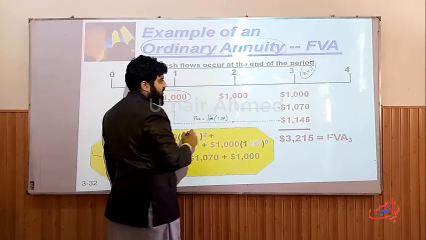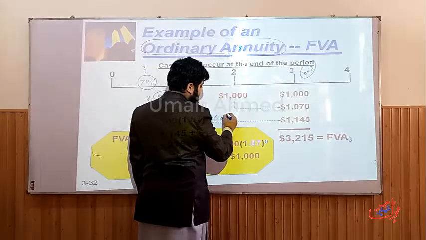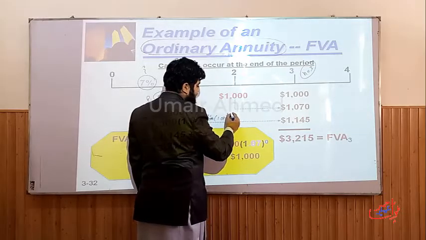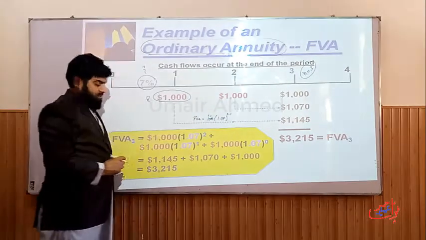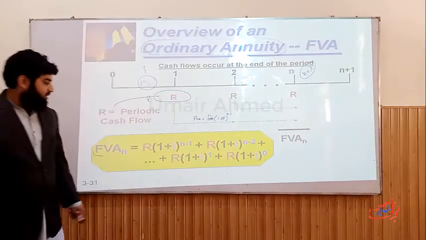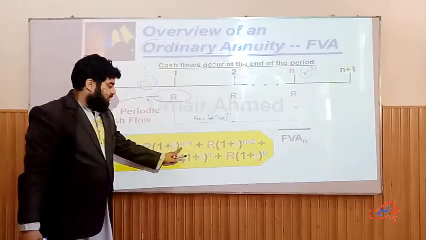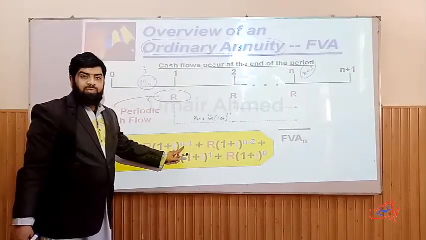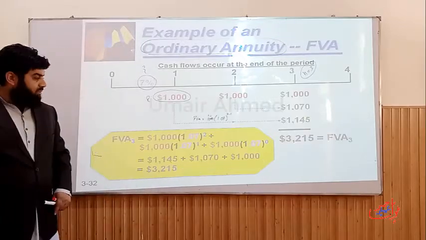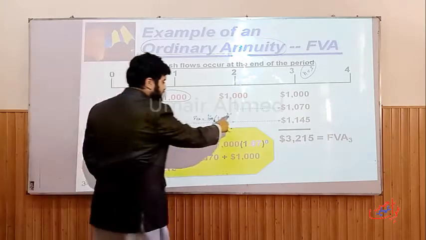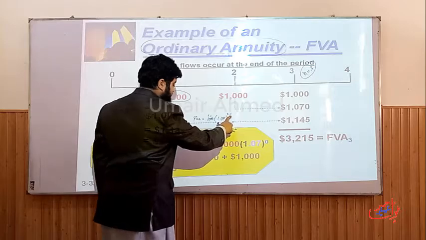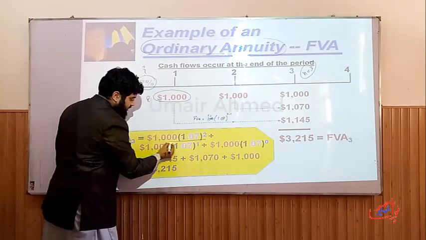And how many years do we have? It's 3 years. We have to minus 1, as we discussed in the previous formula, that you have to minus 1 from the number of years. So we have 3 years and we minus 1, so it becomes like this.